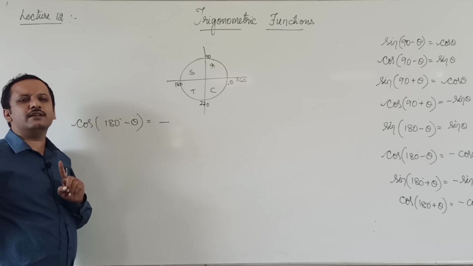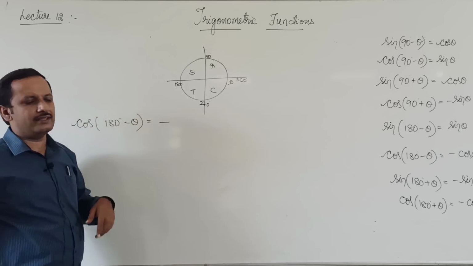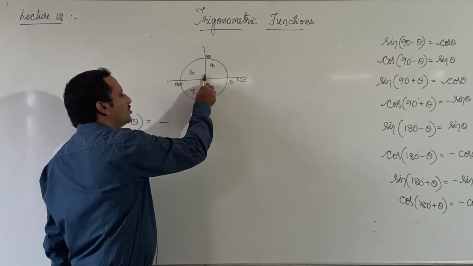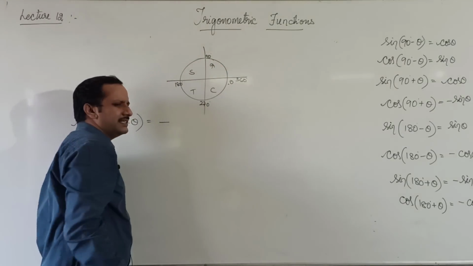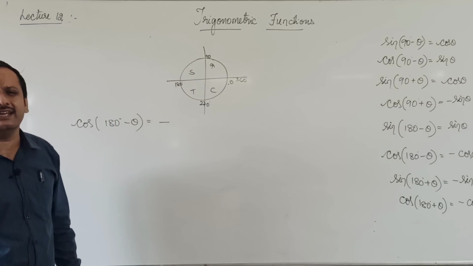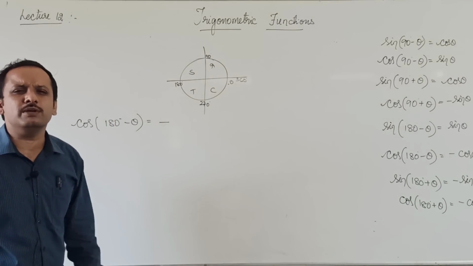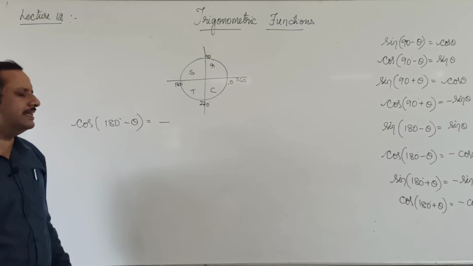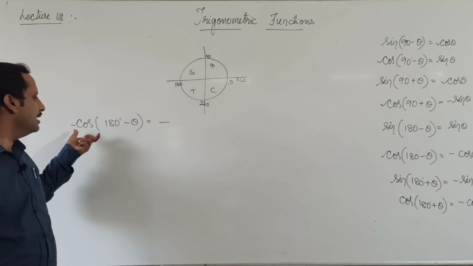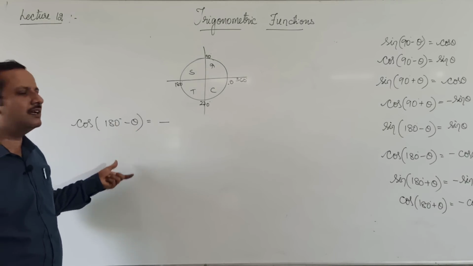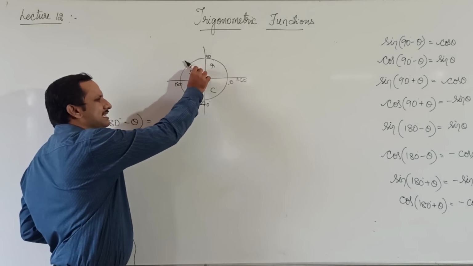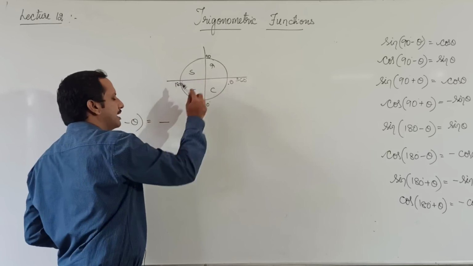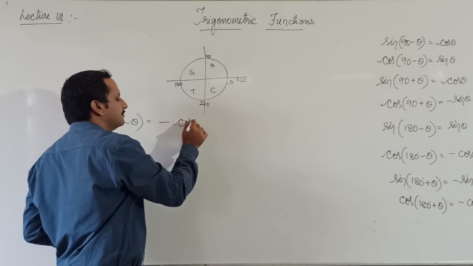If you are using the vertical line, that is, if you are using 90 minus theta or 90 plus theta, or 270 minus theta or 270 plus theta, then you have to change it to its co-function. Okay? And then write that function. Here cos of 180 minus theta, 180 minus theta lies in the second quadrant, so minus, and here we are using the horizontal line, same function.